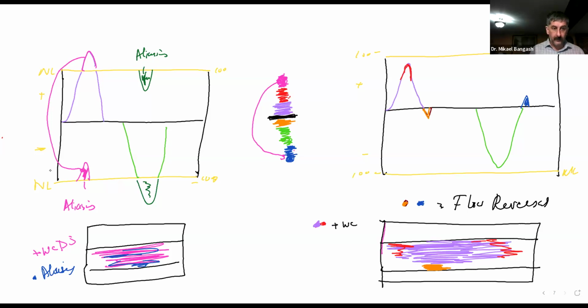Whereas on the other hand, the orange here was what we had as the negative Doppler shift. But what you will actually see is that in between the colors of your positive and your negative, you will see the color of the zero Doppler shift.